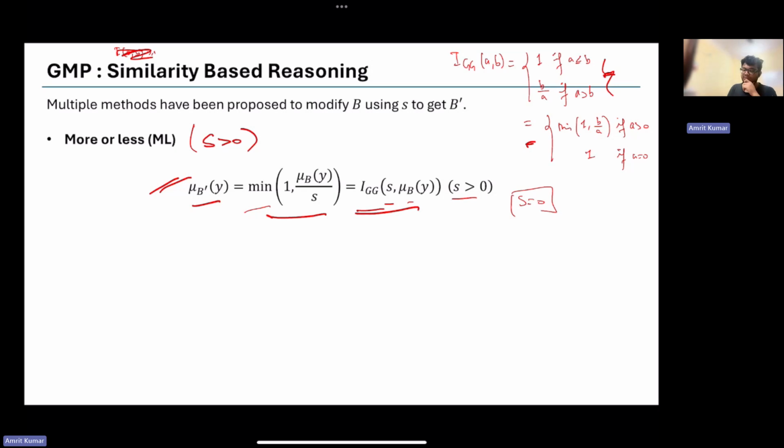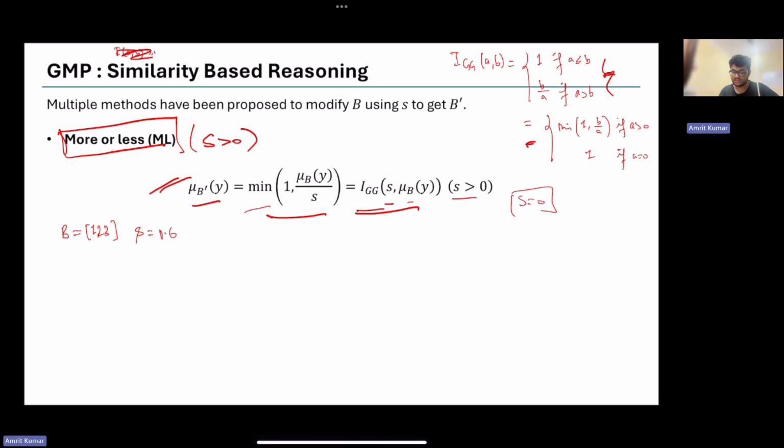Now the question is why the term more or less is being used, right? In order to see that, suppose your fuzzy set B was the triangular number 1, 2, and 3, and your similarity value turns out to be 0.6.